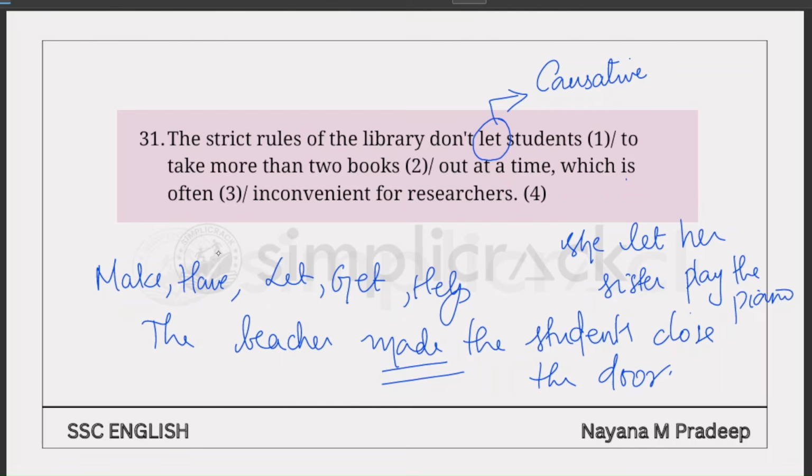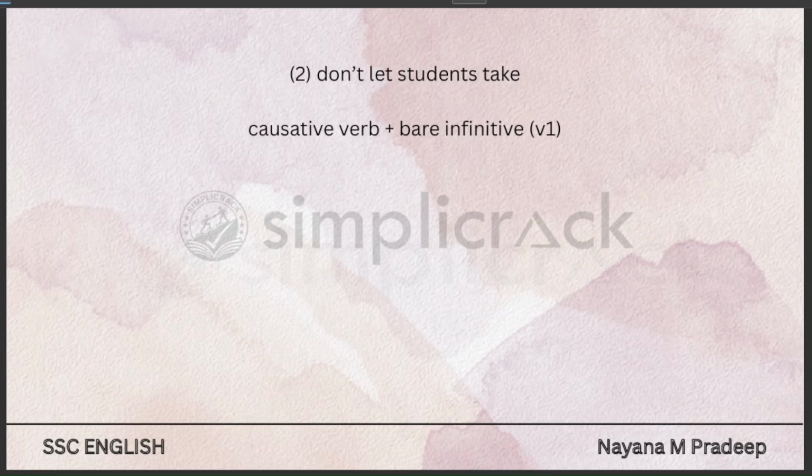The only exception is the verb get. Along with all other causative verbs, you use the bare infinitive or the V1 form, but along with get, you use the to infinitive form.